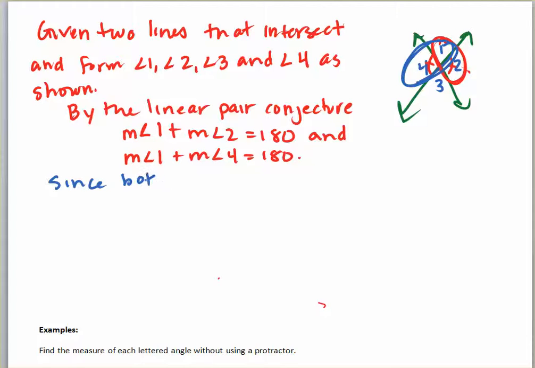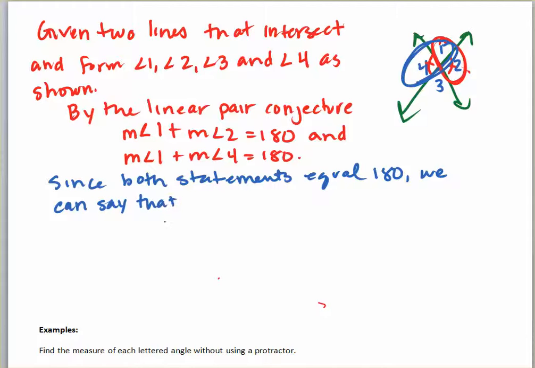Since both statements equal 180 degrees, we can say that the measure of angle 1 plus the measure of angle 2 is equal to the measure of angle 1 plus the measure of angle 4. They both equal 180, which means this must equal this.